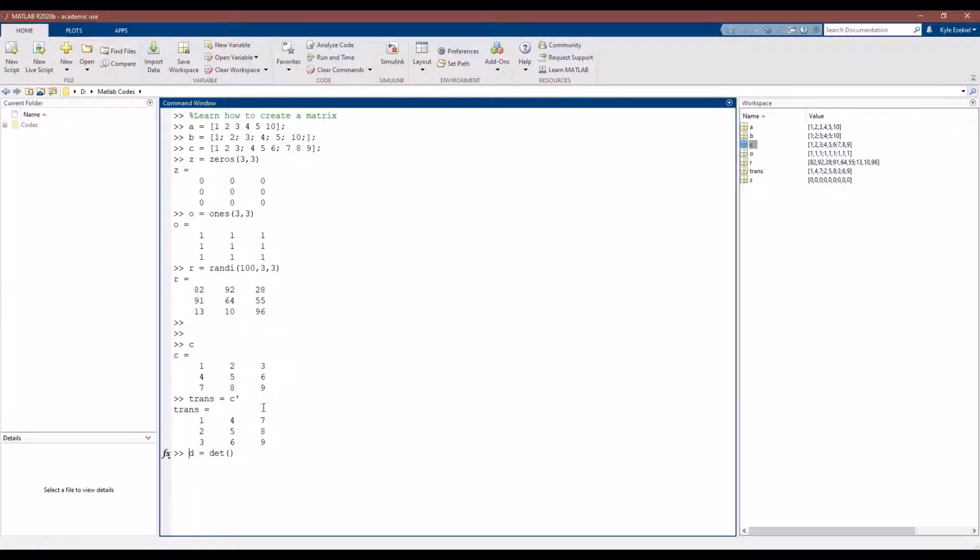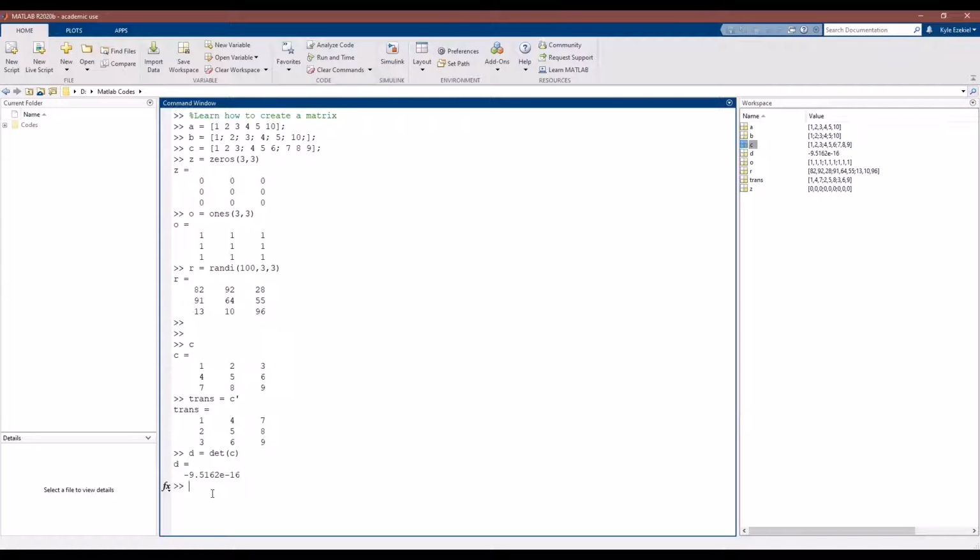I'm going to assign variable d, then det for determinant, then place the variable inside the parentheses of what you want to get the determinant of. So do this, then we receive this number.